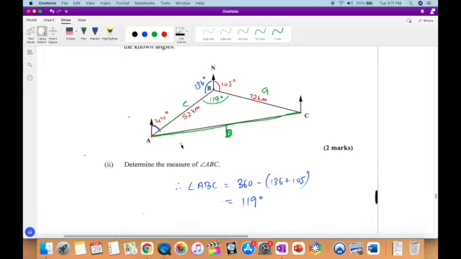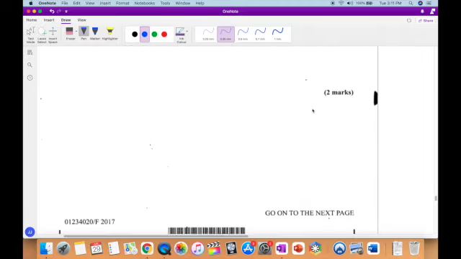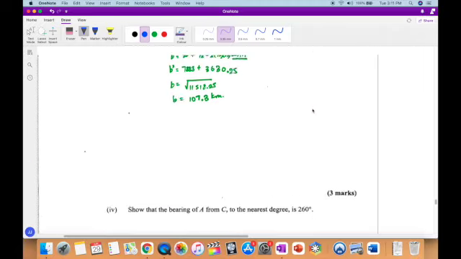I want the bearing of A from C. So that means that from C, I have to measure that from the north line all the way here, because you're going in this direction towards A. So the bearing of A from C, and at the end of the day we have to show that this is 260 degrees.